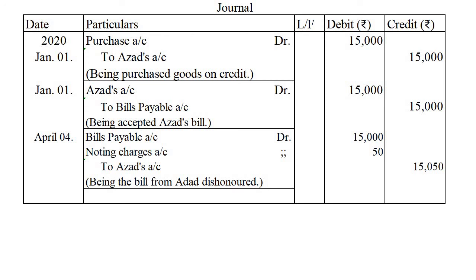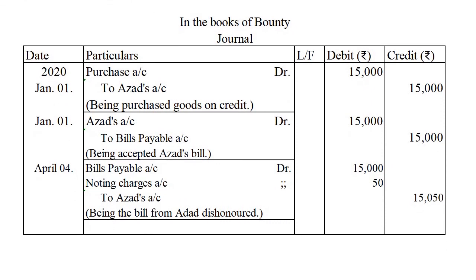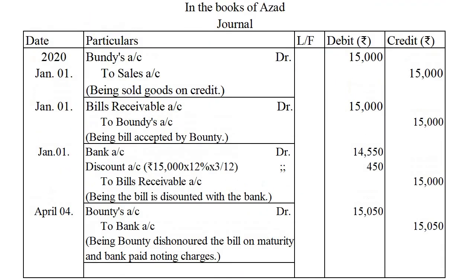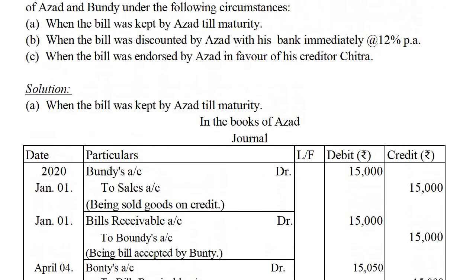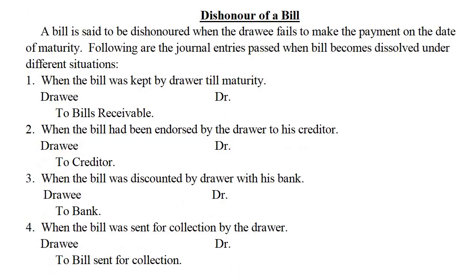So the dishonor entry in the books of drawee will be bills payable debtor to Assad, or to creditor. If noting charges is also there, we will write bills payable debtor, noting charges debtor to creditor. Okay, so this is all about journal entries of dishonouring of check and noting charges.